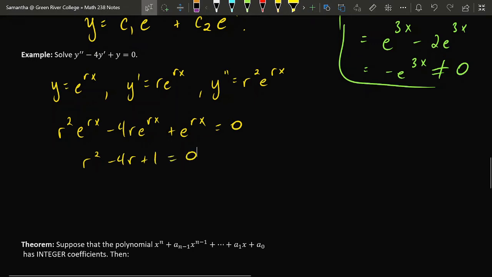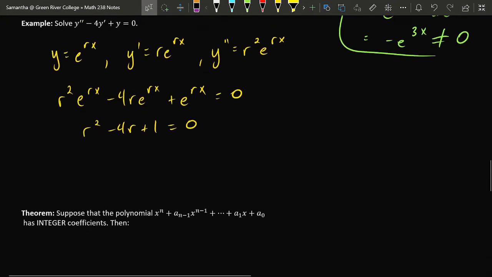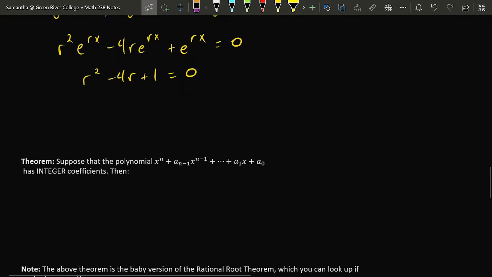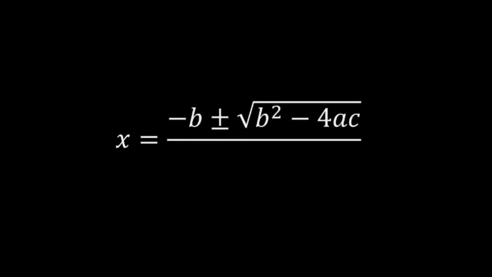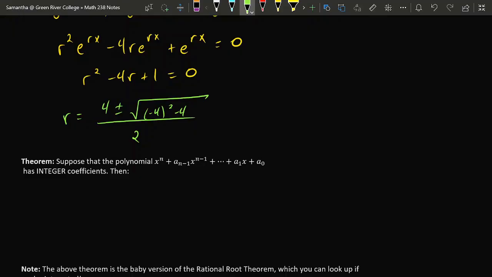Now this equation cannot be factored, but that doesn't mean it can't be solved. It just means we might need to bust out our good old friend, the quadratic formula. x is equal to negative b plus or minus the square root of b squared minus 4ac all over 2a. So this looks like 4 plus minus root 12 over 2, which I think simplifies to 2 plus minus root 3.